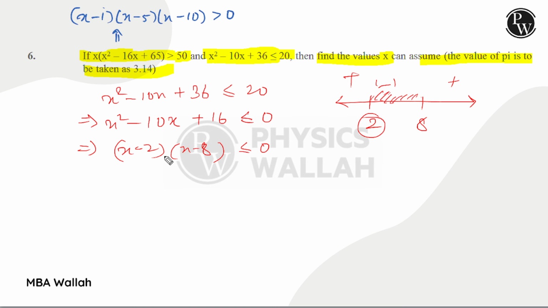So it will not be available, because if you substitute x equals 2 in this expression, you will get this as 0. So we'll have to be careful with this one. Let me write that down also. So the factorized form for this one can be written as x minus 2 multiplied by x minus 8, which is less than equal to 0.